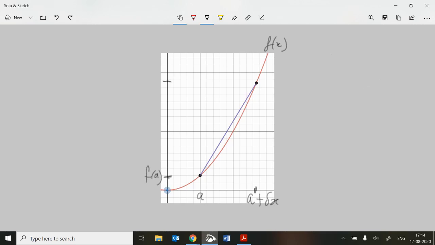Okay, so when we put this value for x into this function, we're now getting out a height of f of a plus delta x. Now we've chosen a instead of x because a is a particular point for x here. We could have chosen x as a kind of generic point, but then it gets confused with the f of x up here as well.